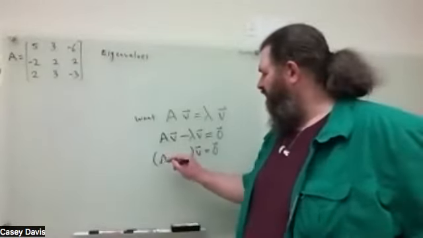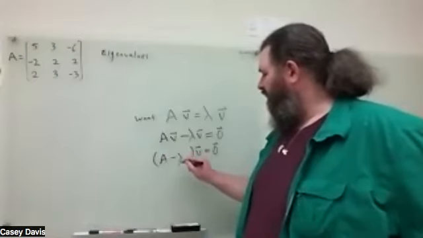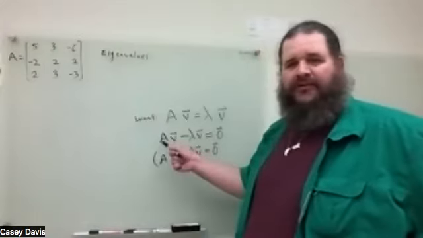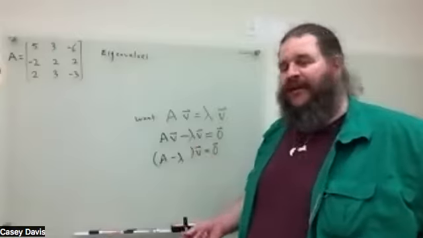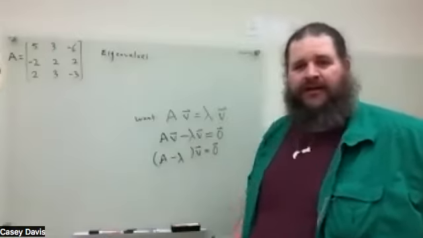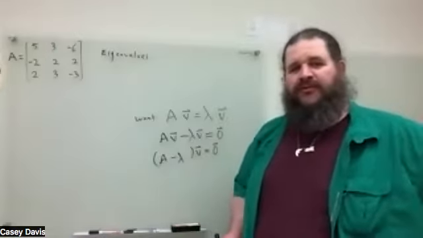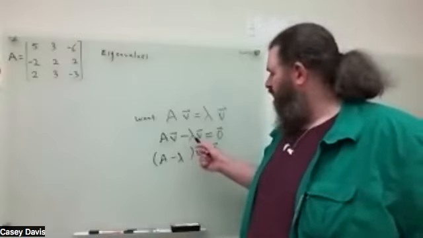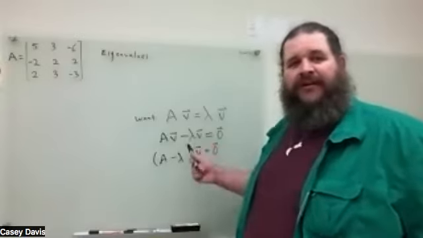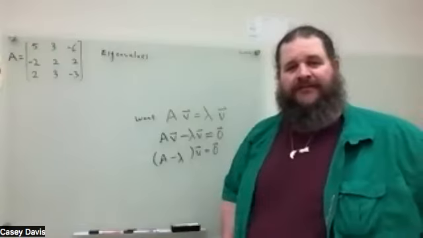We've got an A minus lambda, except for one slight problem. A is a matrix and lambda is a scalar. You can't actually subtract a scalar from a matrix, but you can subtract a matrix from a matrix. What's a matrix we could always fill in here as a multiplier that doesn't actually change anything?